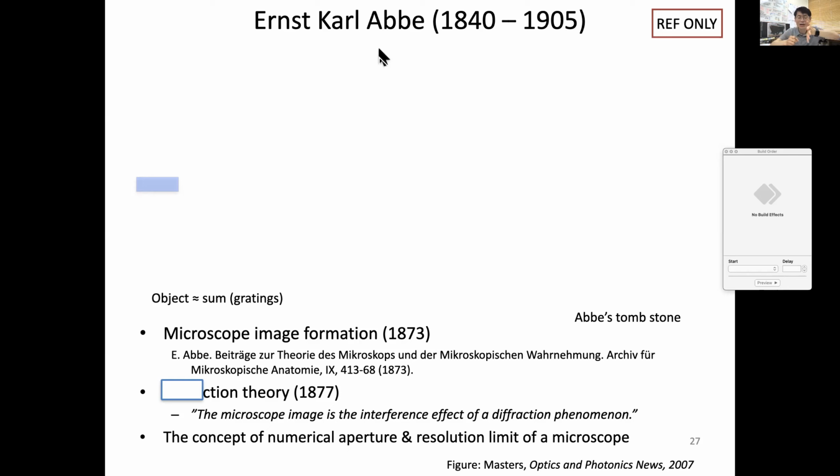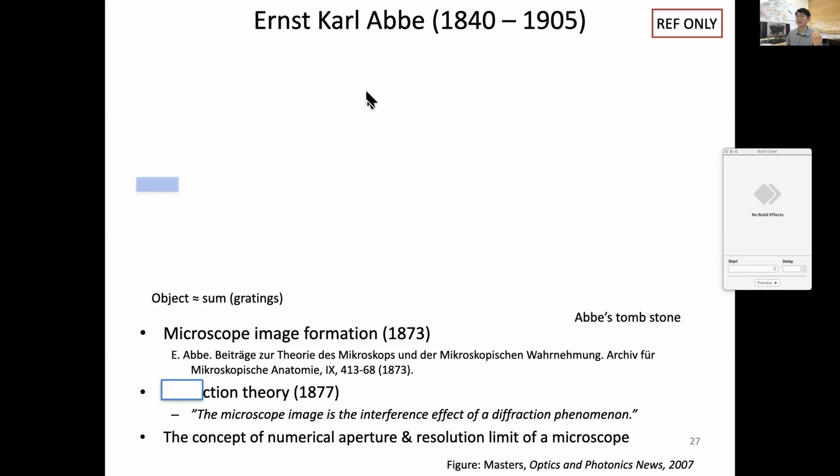That tiny grating will make the light bend more, to a high angle, then our optics may not capture it. Then in the imaging space, we lose it. That's why we cannot image or get the information of very fine gratings or fine features. So we have a limited resolution.